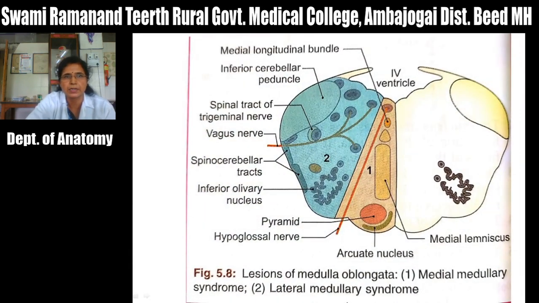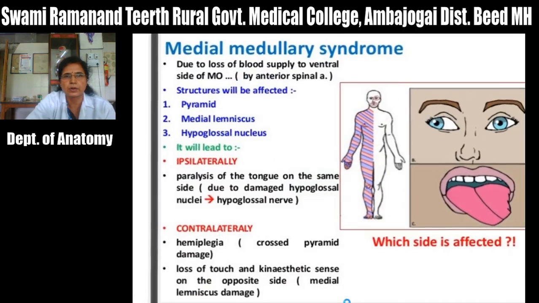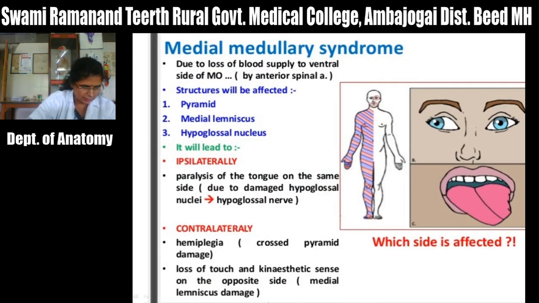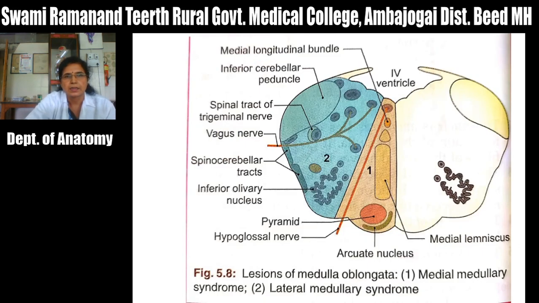Now we will see the clinical anatomy of the medulla. The medulla is most commonly affected by vascular lesions, that means lesions in the vessels, most commonly the anterior spinal artery and the posterior inferior cerebellar artery.